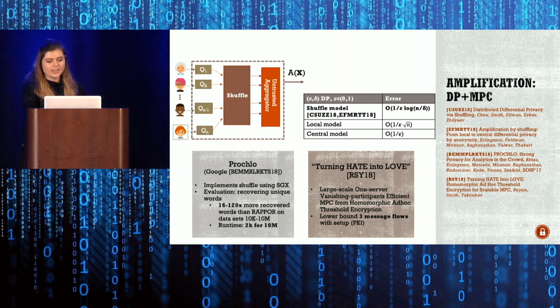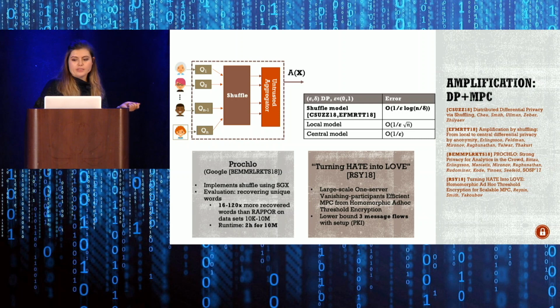And HATE is a new primitive, homomorphic ad hoc threshold encryption. And then they demonstrated how you can construct these federated learning protocols from this new primitive and give different instantiations of this primitive. And also their protocols meet the lower bound that they can prove for this model in terms of how many messages you need to exchange.